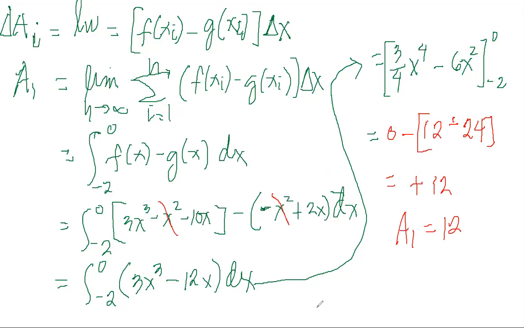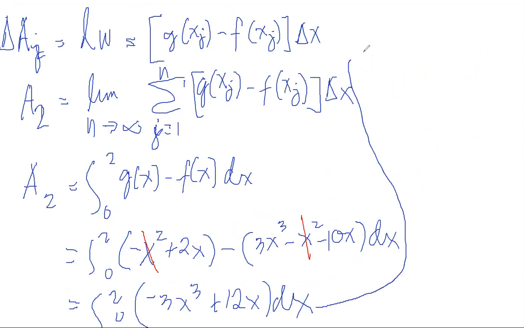Let's take the integral of the function. We have negative 3/4 x raised to 4, and the integral of 12x is plus 6x squared, to be evaluated from 0 to 2.